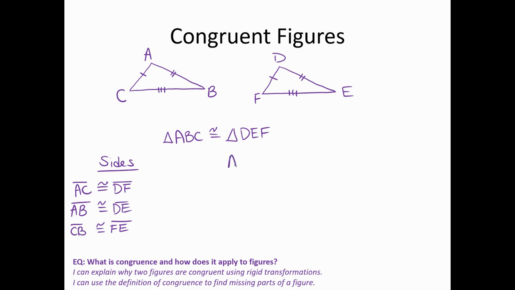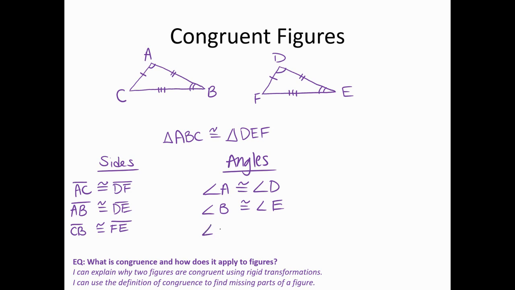All right, so then we also have the angles. And you can pull them directly from your congruence statement, or you can go back and look at your picture. I'm going to mark them on my picture as we go. So I'm going to say that angle A is congruent to angle D, and I'm going to mark that. And then I can say angle B is congruent to angle E, and I'll mark that.